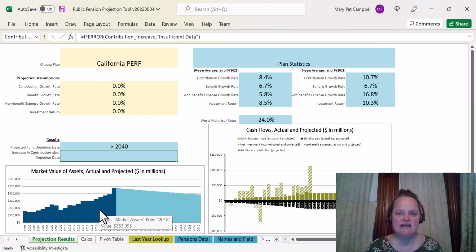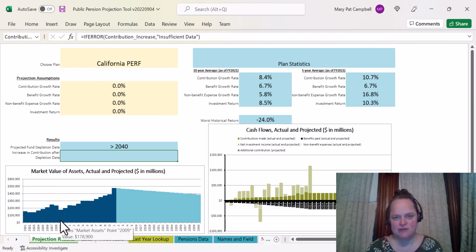This is not a stochastic model. We're not projecting anything random here. Everything is deterministic. That makes things very simple. So you see historically, of course, there's a volatility to the market value of the assets. It goes up and down.